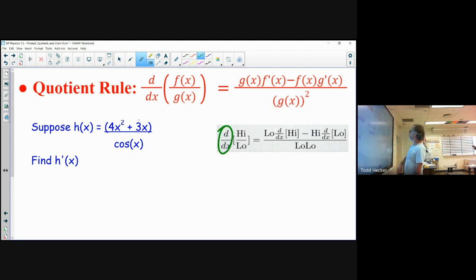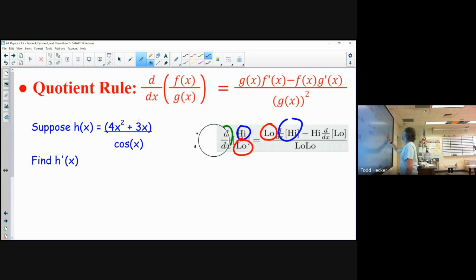The derivative with respect to x of high over low is low times the derivative of high, low d high, minus high d low, all over low low. And again, there's a song to it. So it's low d high, the bottom times the derivative of the top, minus high d low, top times the derivative of the bottom, all over low squared.